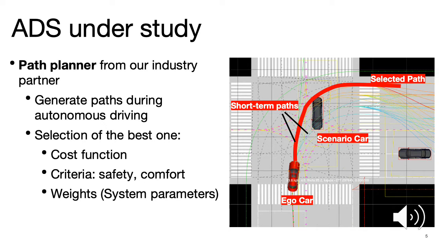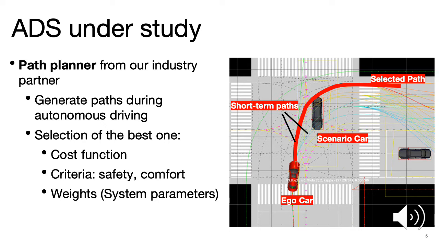We consider a path planner from our industrial partner. In this picture, the red car, the ego car, is equipped with our path planner. It generates short-term paths during autonomous driving and selects the best one.